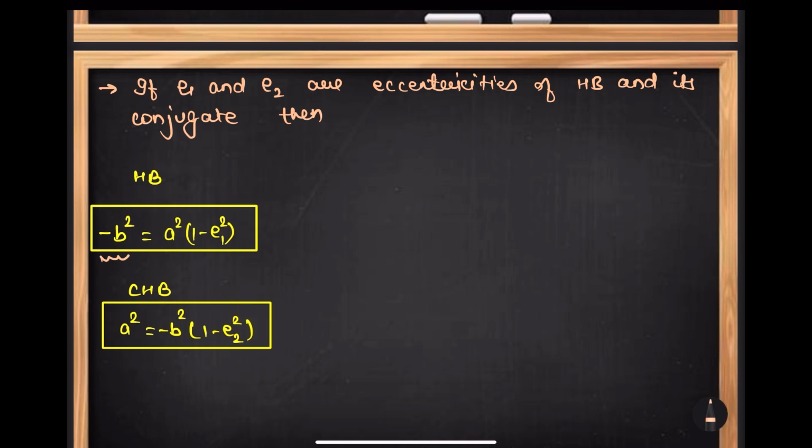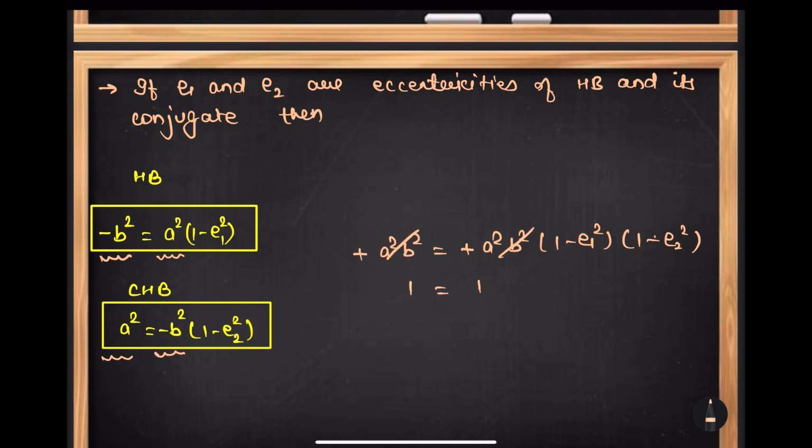On this side we have minus b square and we have a square, so on LHS we will have minus a square b square. Now observe RHS: a square b square, 1 minus e1 square, 1 minus e2 square, correct? This minus will be neutralized, and we will be left with 1.